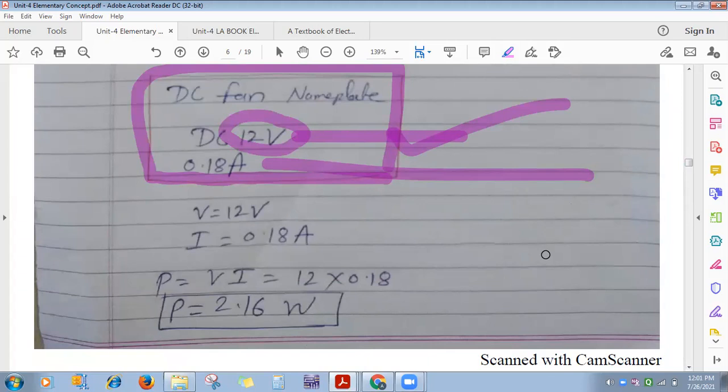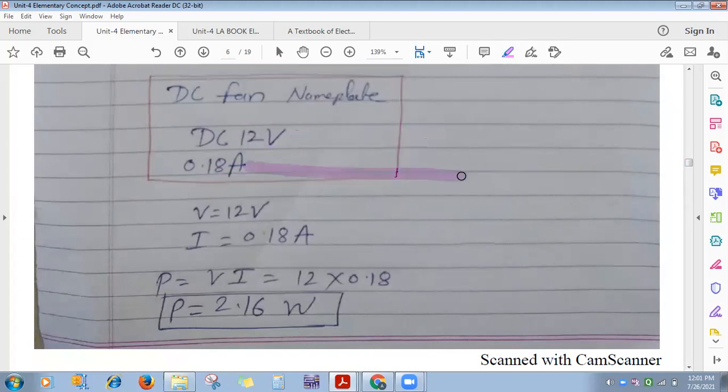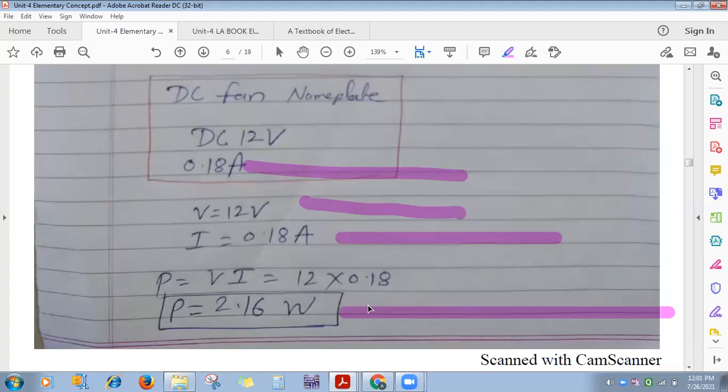And current also, this is the maximum current you can pass through it, not more than that. So how much power will it consume when you switch it on? It will consume V into I. If you apply 12 volt across it, the current flowing through it will be 0.18 ampere. So how much power will that fan consume? 2.16 watt. That is its meaning.